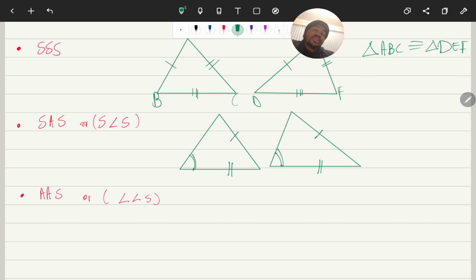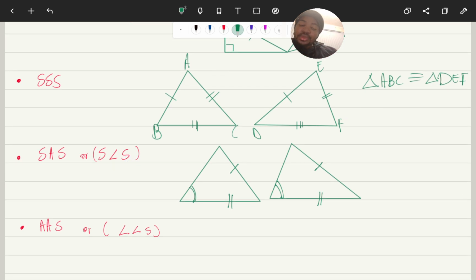And also, by the way, when you're proving that triangles are congruent, you would say the triangles are congruent, and you have to give a reason why you say that. I will show you with this triangle.